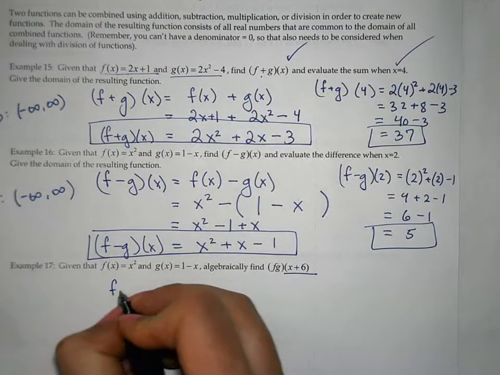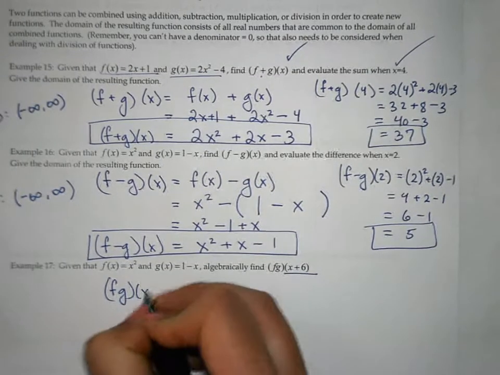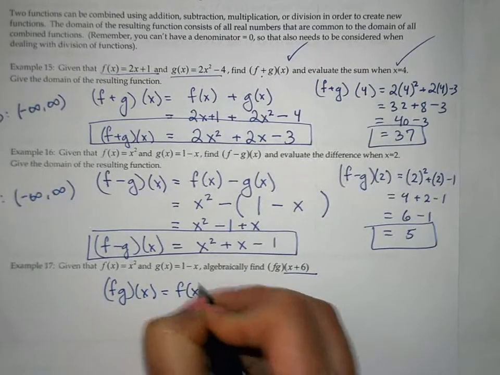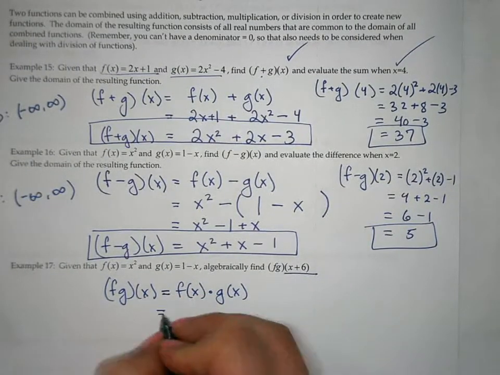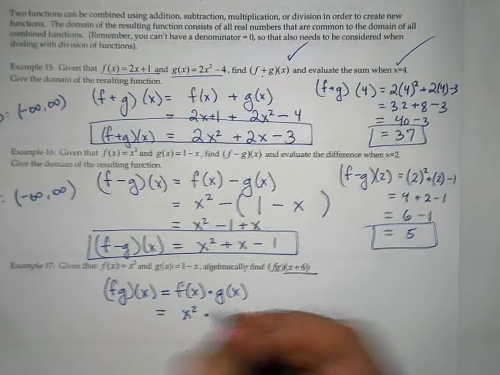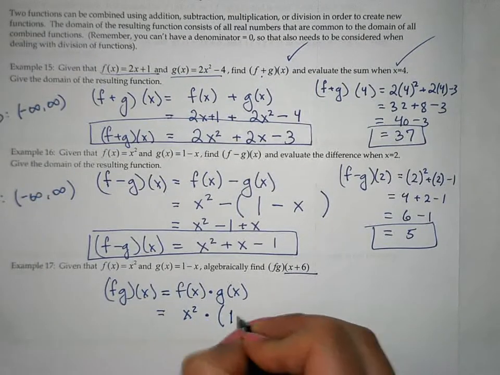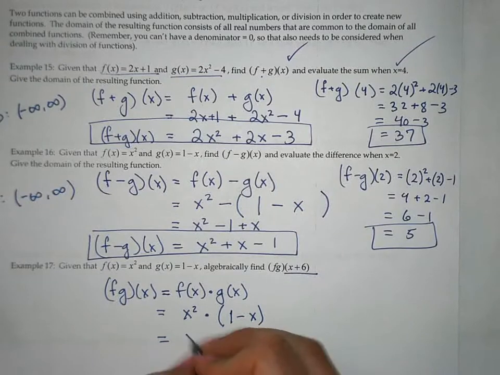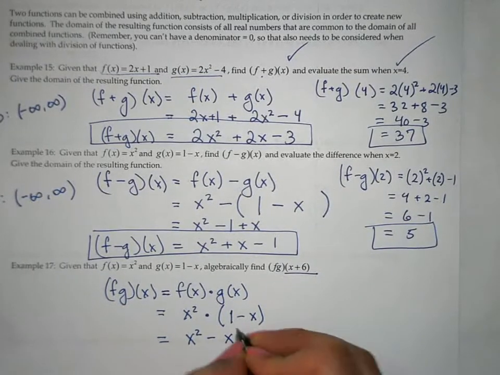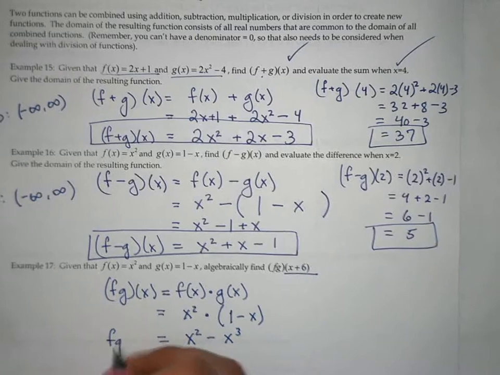So for our first one here, we'll say fg of x is the same thing as f of x times g of x. F of x is x squared, and g of x is 1 minus x. So our product is going to be x squared minus x cubed.